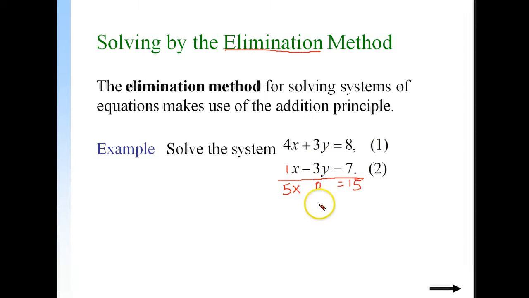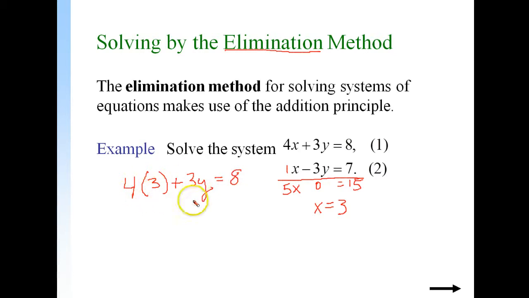And now we're going to divide both sides by 5. X equals 3. Ooh, that was easy. So now we just put that into one of the equations. It doesn't make any difference. We'll use the first one. 4 times 3, that's our x there, plus 3y equals 8.